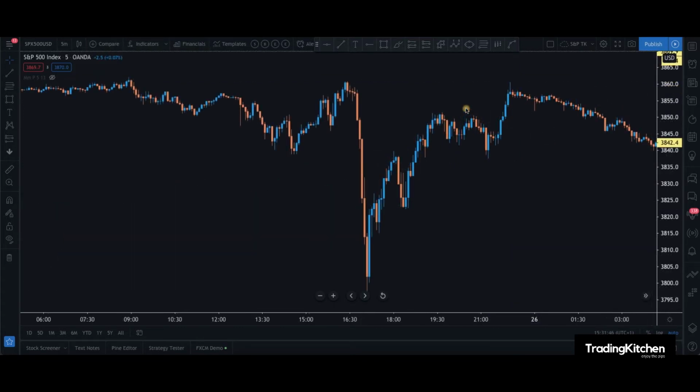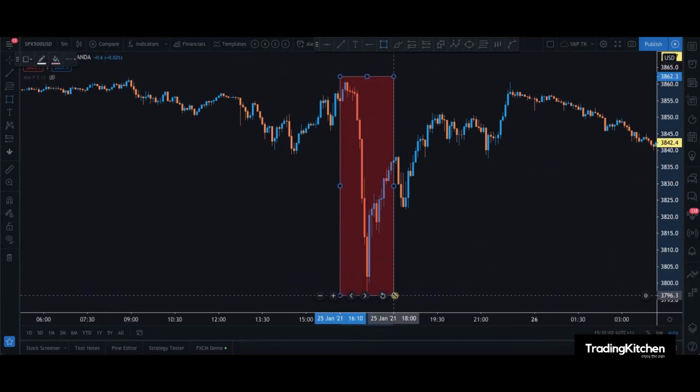Let me show you just a quick example, a very recent example that happened just yesterday. We go on the 5 minutes time frame, and as you can see, this is a very big movement of the price.